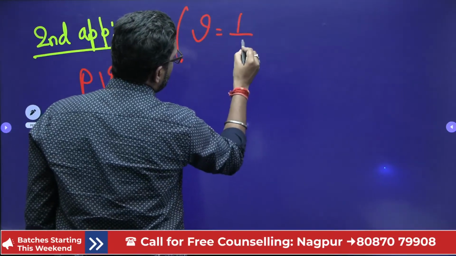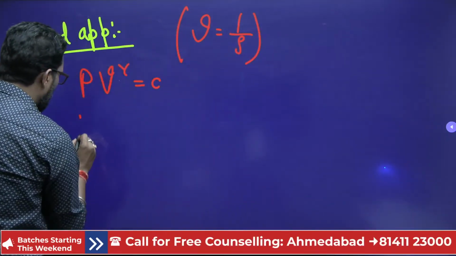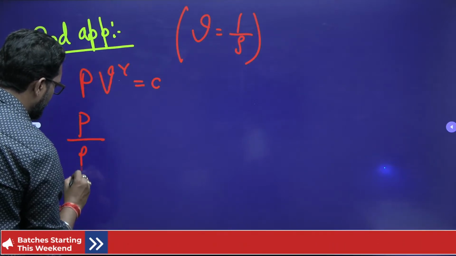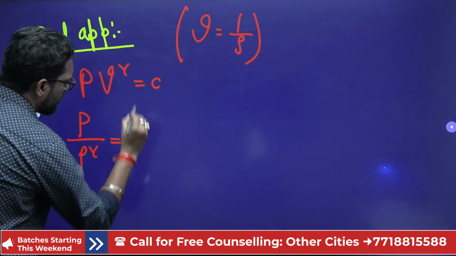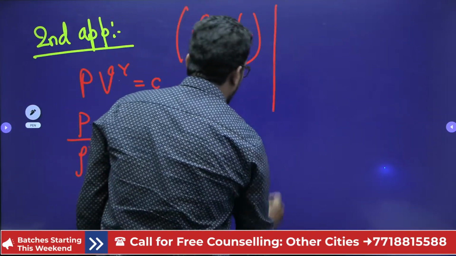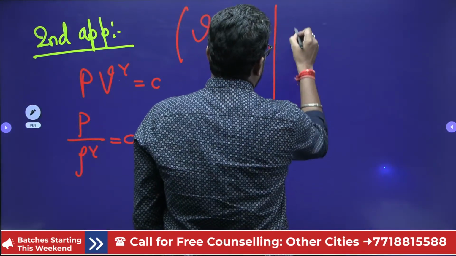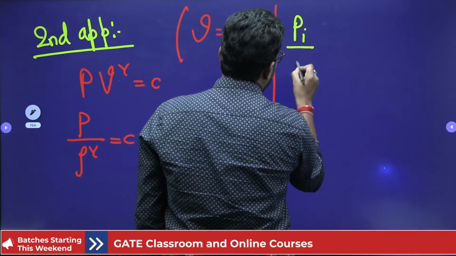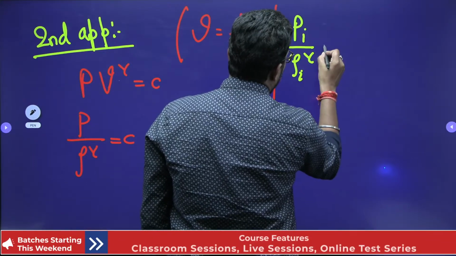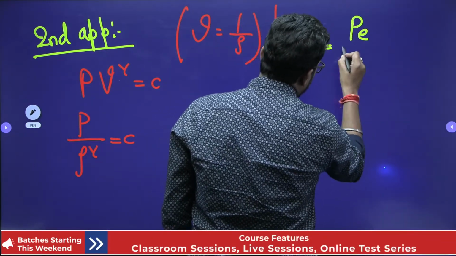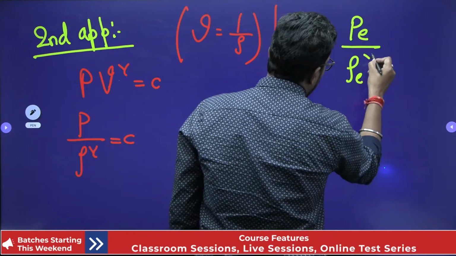See the beauty. Specific volume is 1 by density, so P by density to the power gamma is constant. Apply P inlet by density inlet to the power gamma is equal to P exit by density exit to the power gamma.